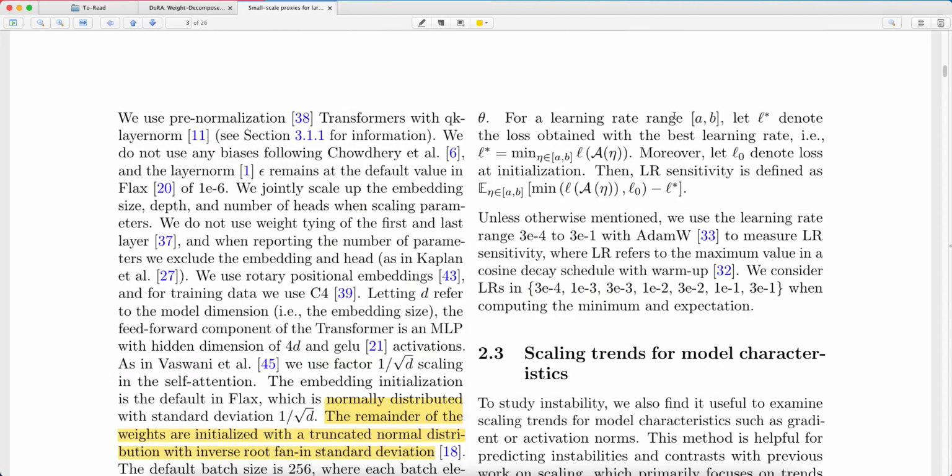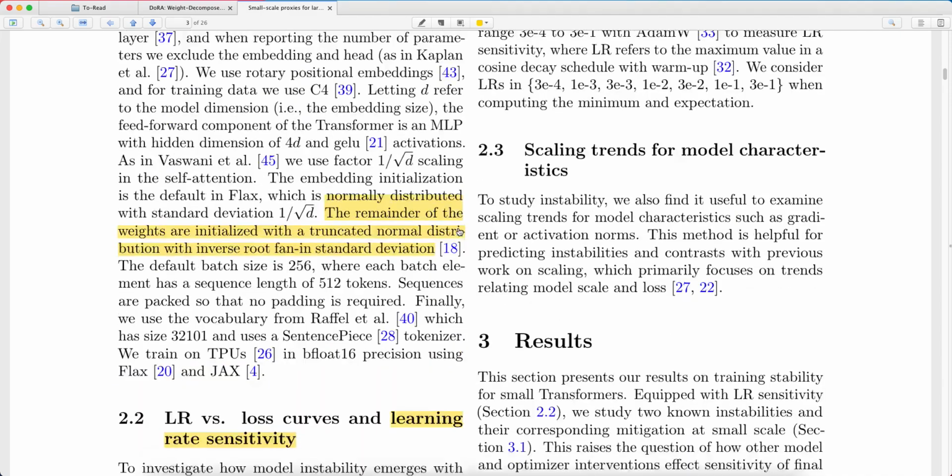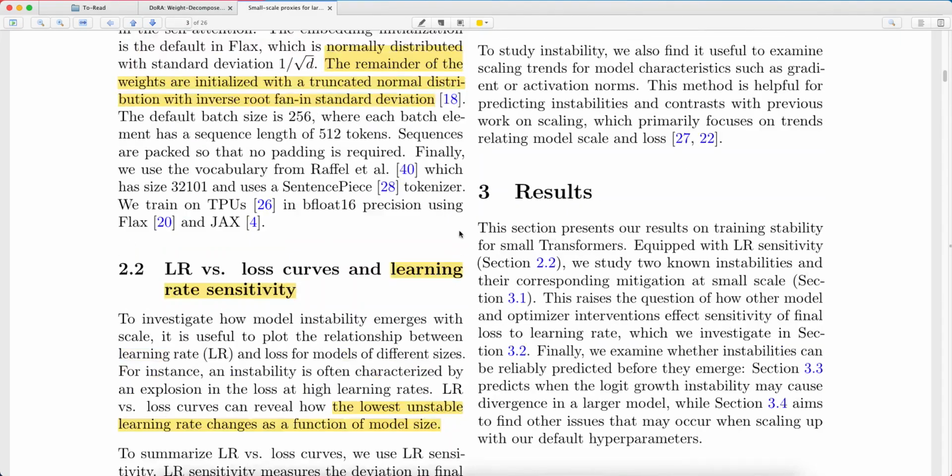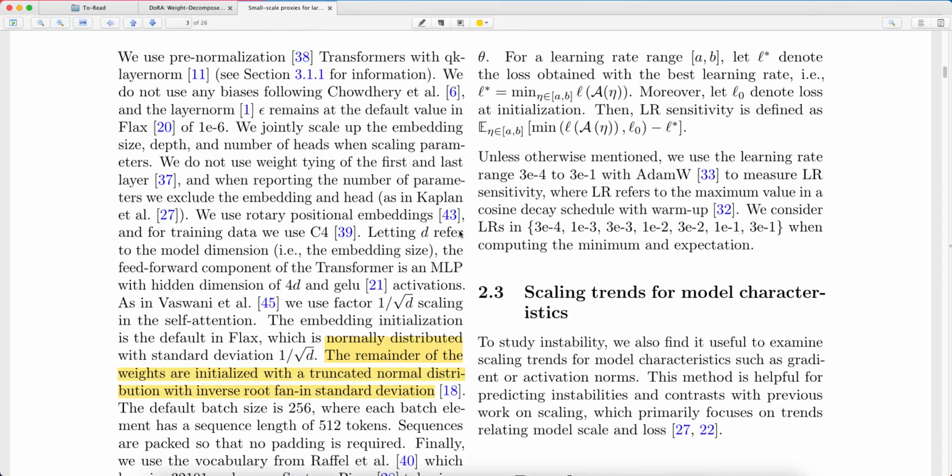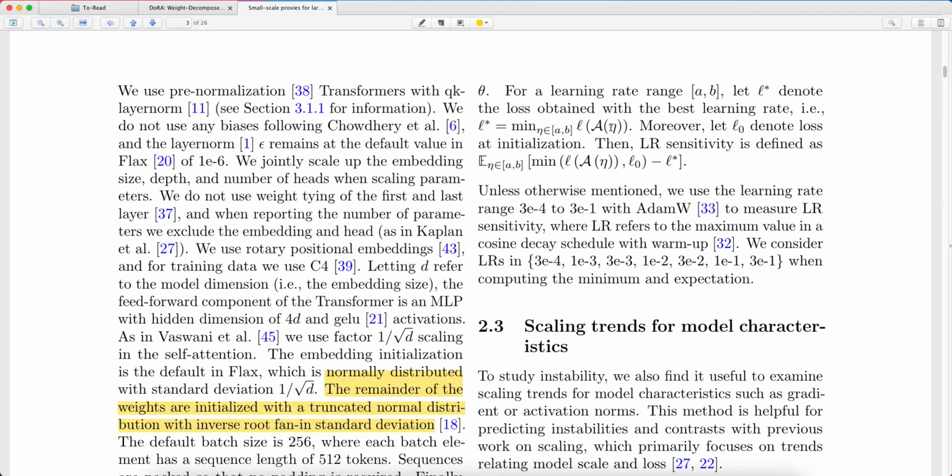For a learning rate range [a, b], let L star denote the loss obtained with the best learning rate. So L star is the minimum value of the loss of the model weights that are trained with a certain learning rate. Moreover, let L0 denote loss at initialization.